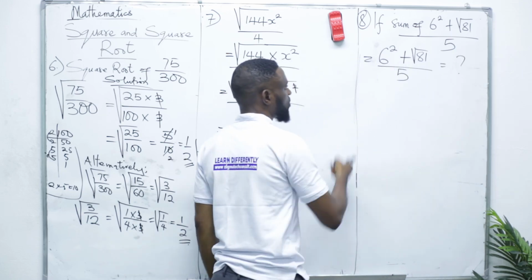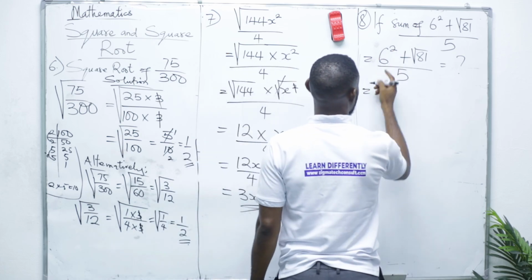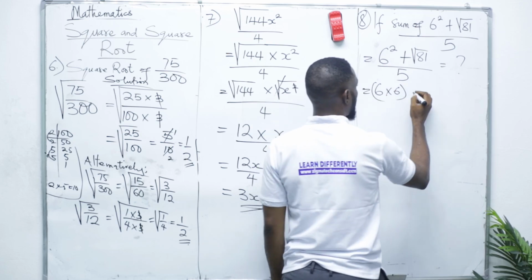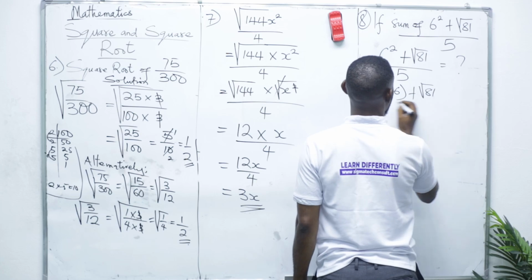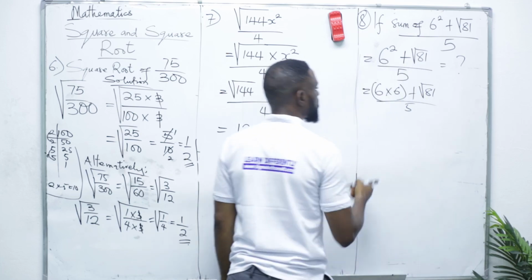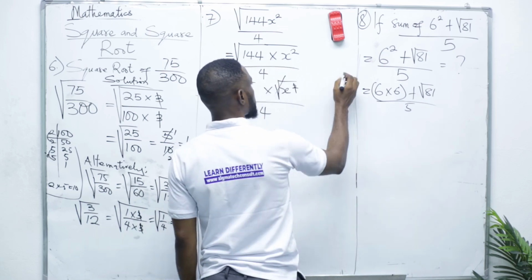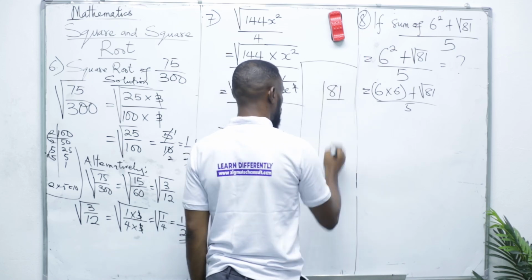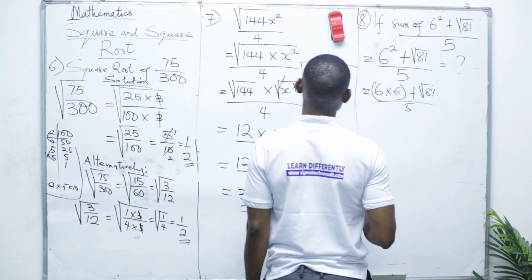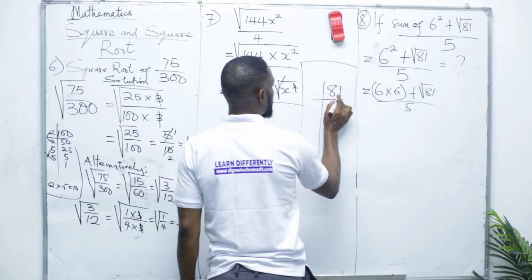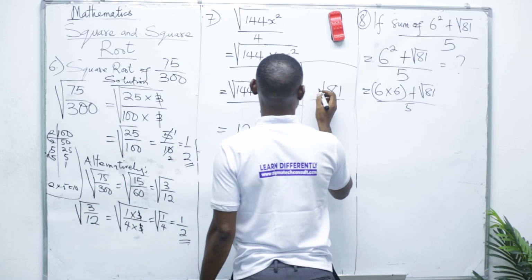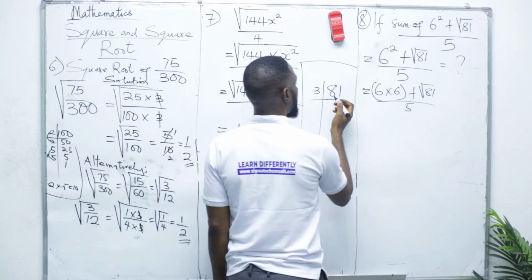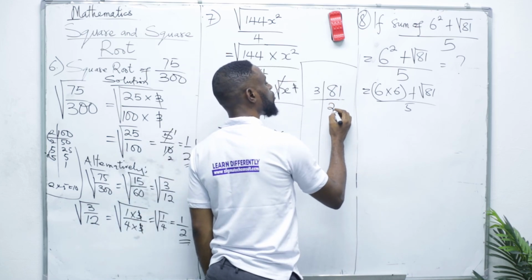So the first thing to do is 6 times 6. Squared means 6 times 6, plus square root of 81, all over 5. So let's look at the square root of 81. Assume you don't know what it is. So you do 81 square root. 2 is not a factor of 81. 3 is, so we'll go with 3. 3 into 8 goes 2.